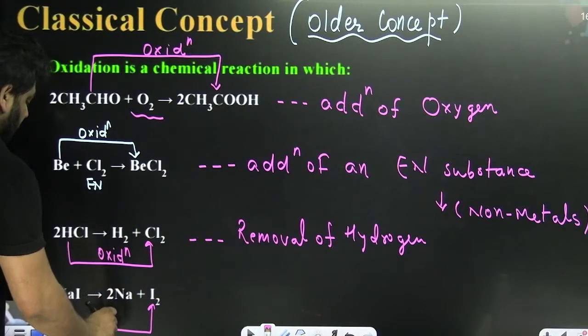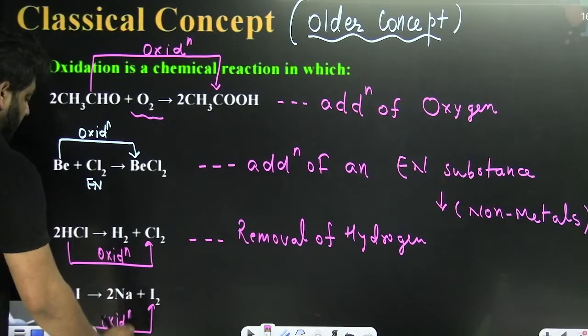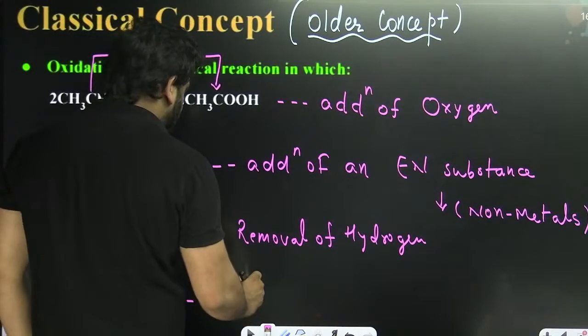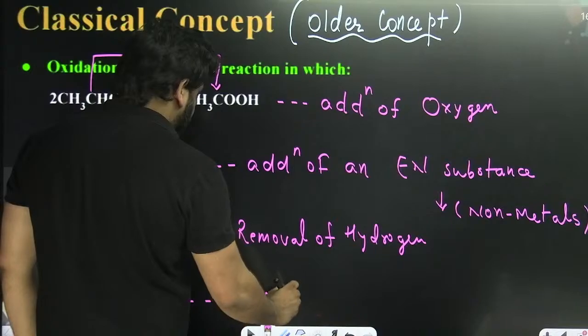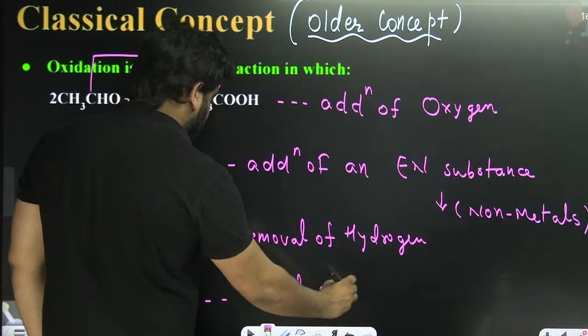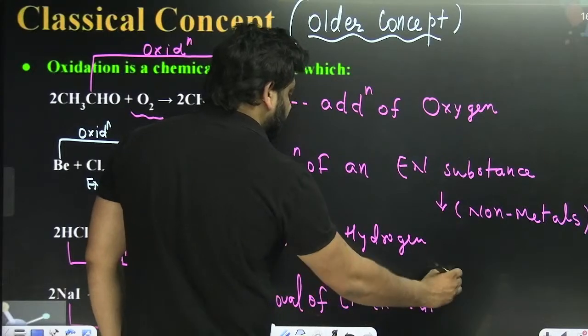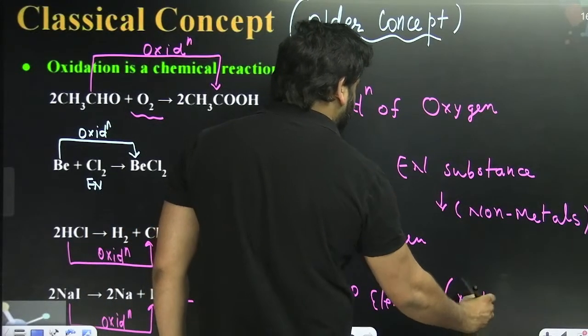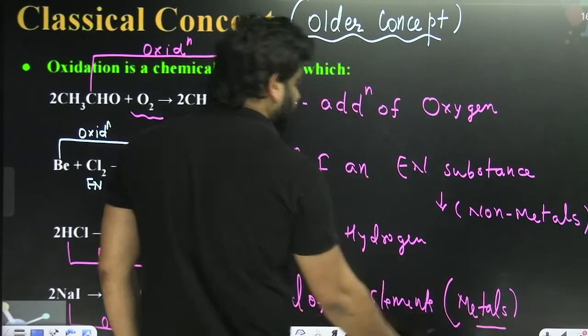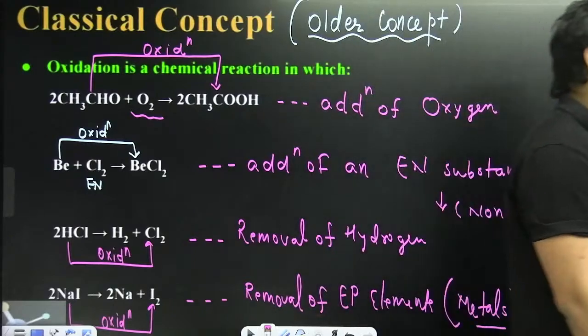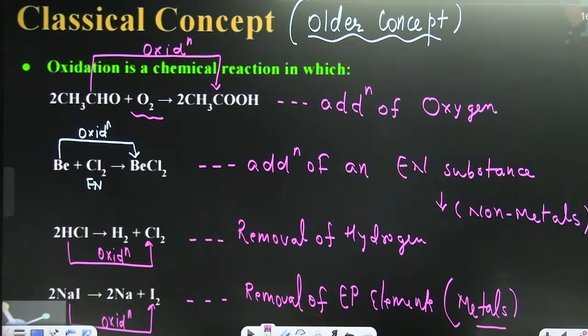This process will be called oxidation. And this is nothing but the removal of an electropositive element. And who are the electropositive elements? Metals.